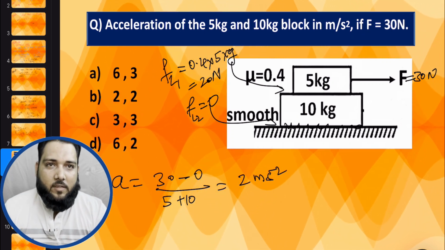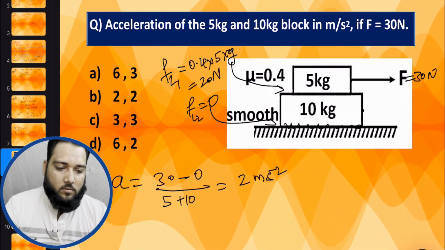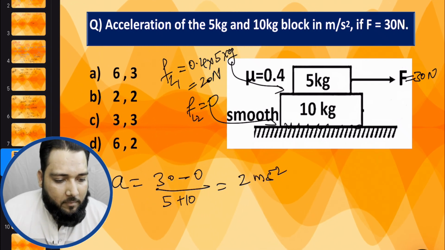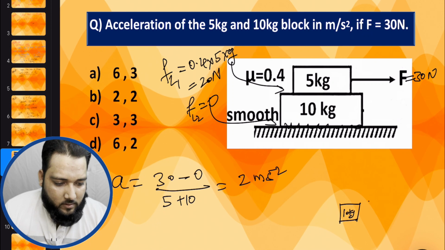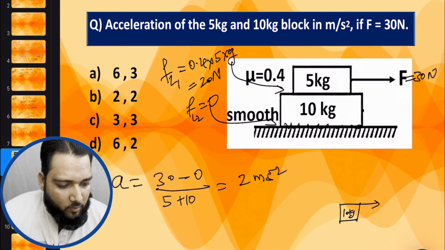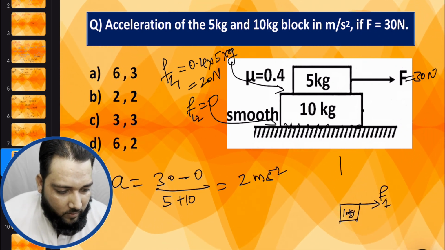Okay, the next step is we will check the friction. So you can make the free body diagram for this one. Are you getting my point? So I am taking the 10 kg block. This block will move due to the friction provided by the 5 kg block. This is F1.